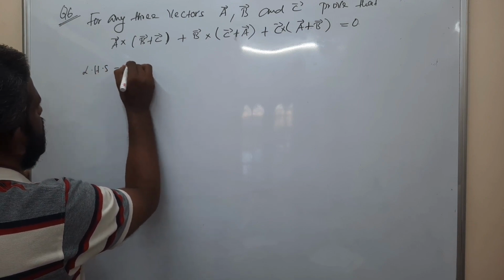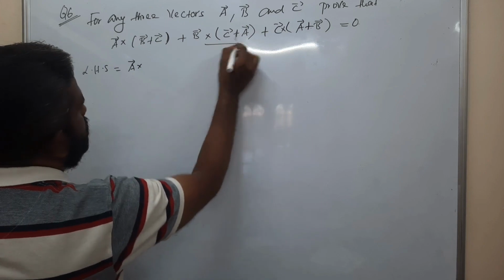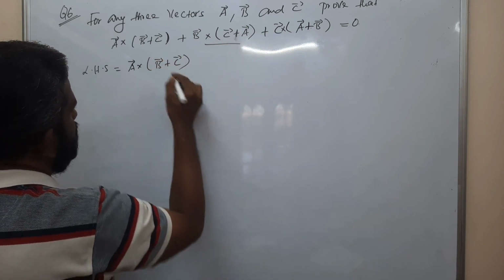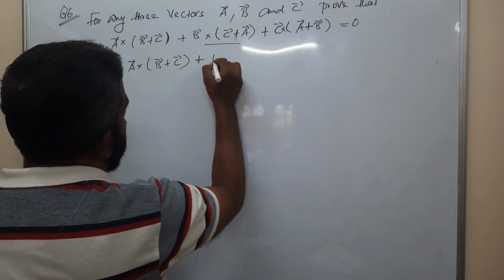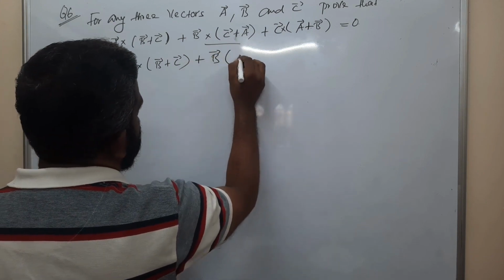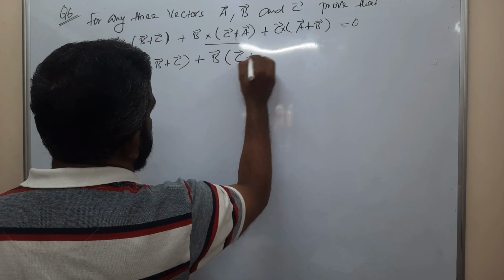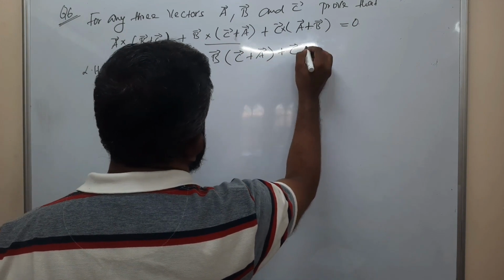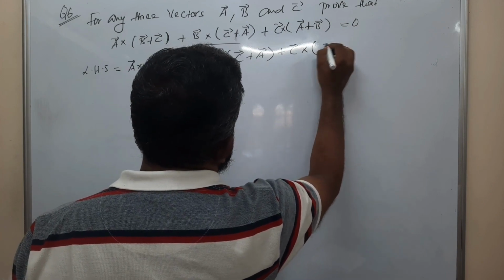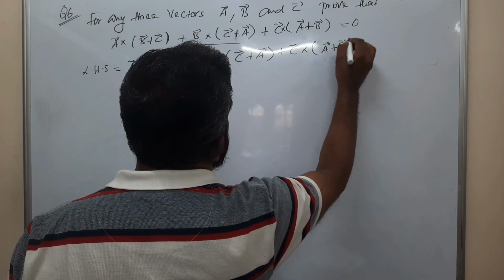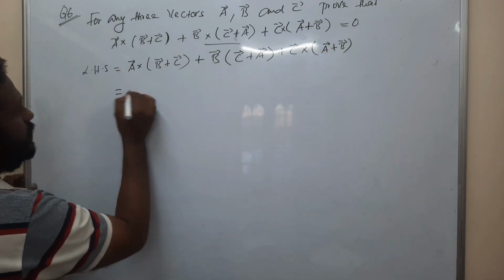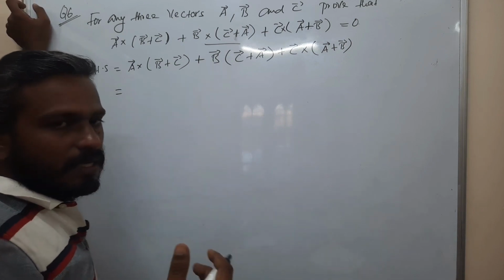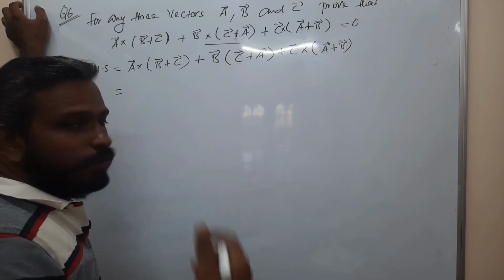what is given, that is A vector cross (B vector plus C vector) plus B vector cross (C vector plus A vector) plus C vector cross (A vector plus B vector). So that's equal to, that is vector product is distributive over addition.